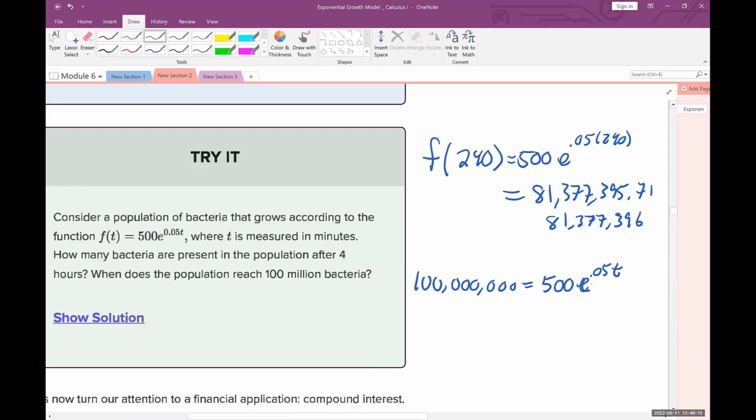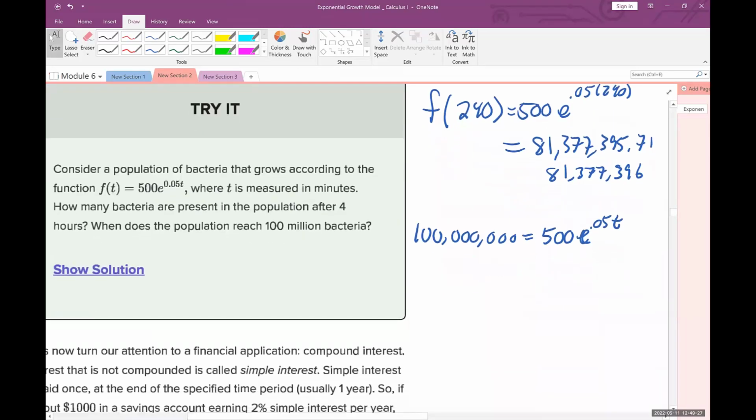Okay, so here's our setup for the next part. 100 million is 500 e to the 0.05 t. So what do we do with that? Divide by 500 first.